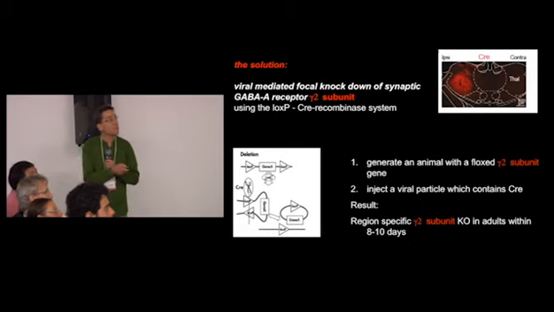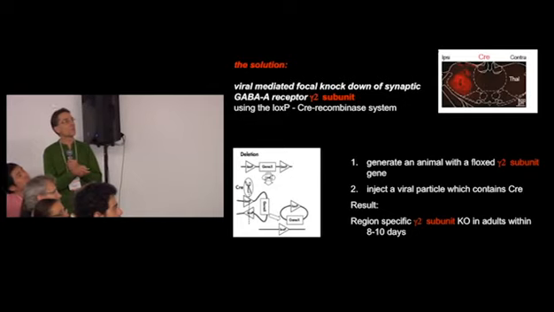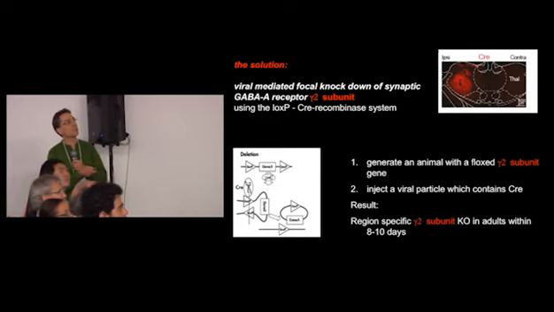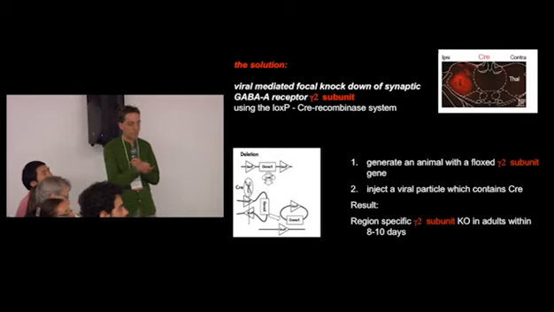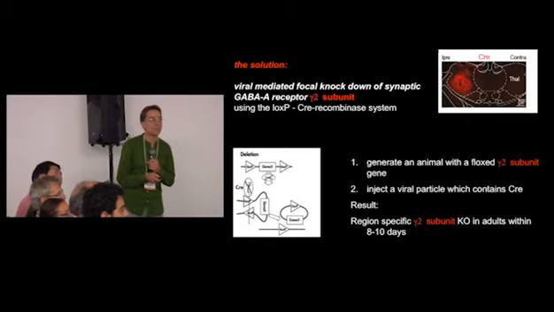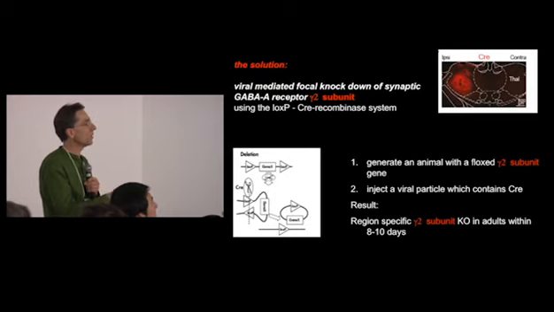So we use this viral-mediated focal knockdown of synaptic GABA-A receptors, which contain the gamma-2 subunit, using the Loxp-Cre recombinase system. As you probably all know, for this you have to generate an animal in which the desired gene is floxed between two Loxp sites, and then you have to inject a viral particle which contains Cre.